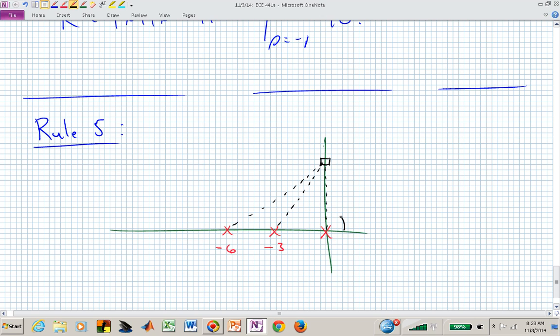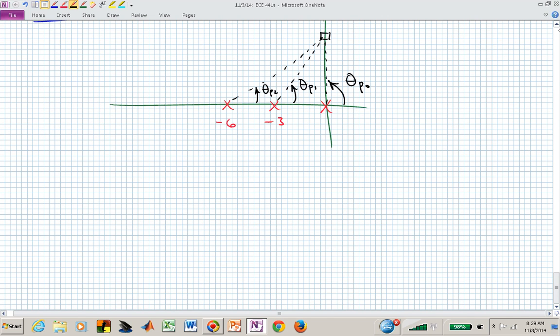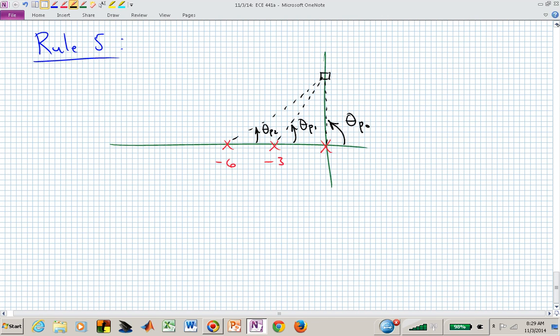Let me call this angle theta p sub 0, this angle theta p1, and this angle theta p sub 2. Rule 5 says that wherever that point ends up being located to give me those angles all summing to minus 180, that's where my branches would cross the imaginary axis.